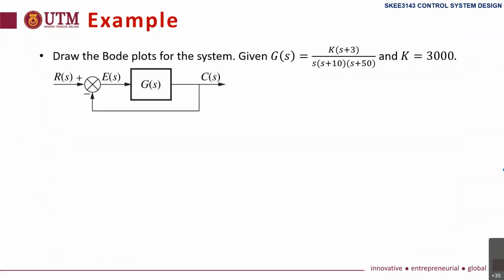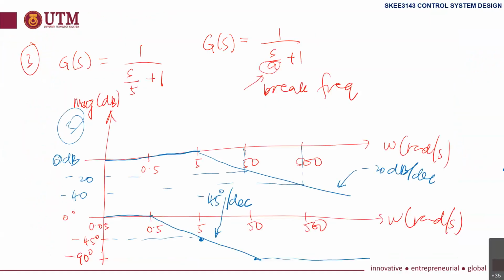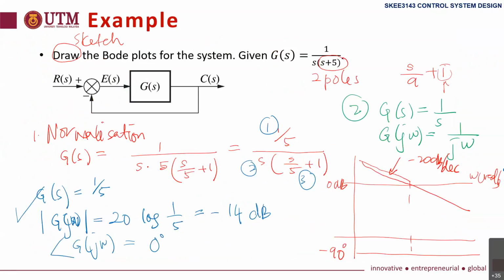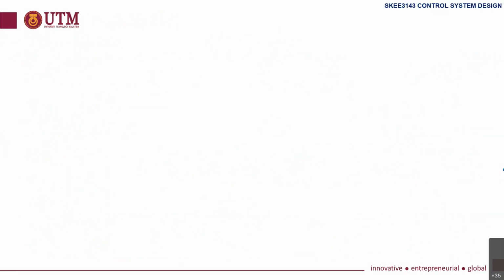Then, the second component, 1/s. We know 1/s is a minus 20 dB per decade straight line.